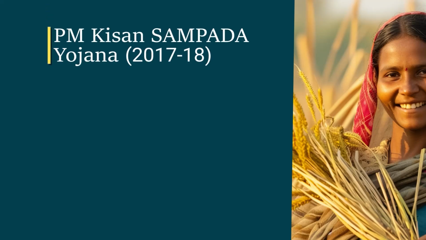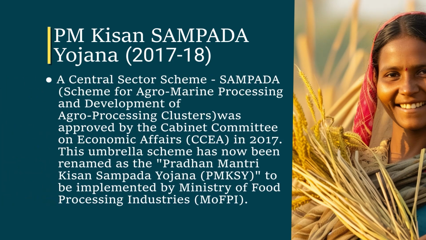The Pradhan Mantri Kisan Sampada Yojana was introduced in the financial year 2017-18. It is a centrally sponsored scheme; SAMPADA means Scheme for Agro-Marine Processing and Development of Agro-Processing Clusters.